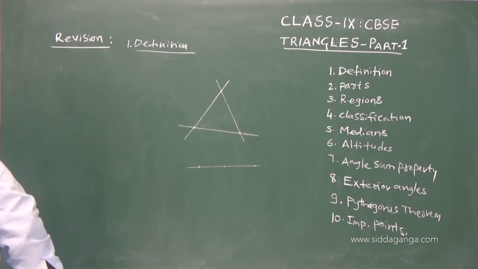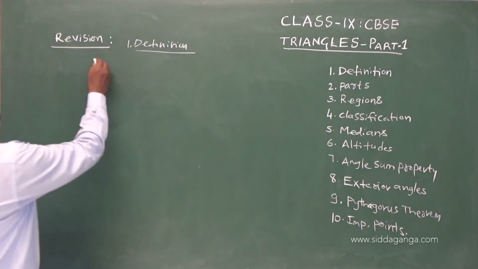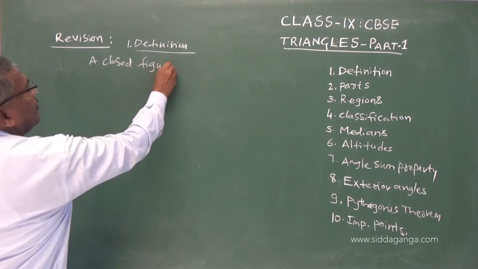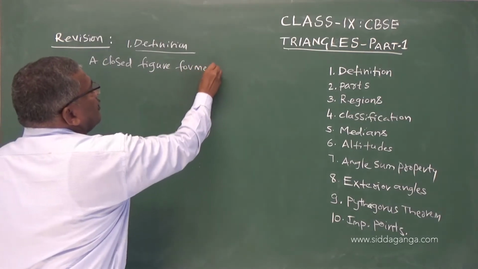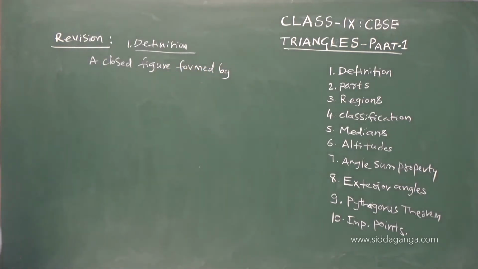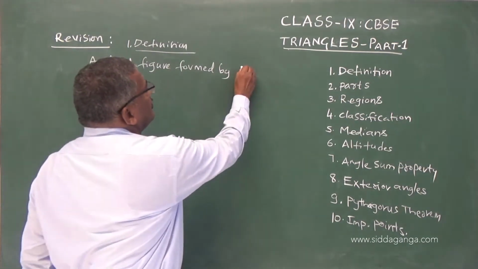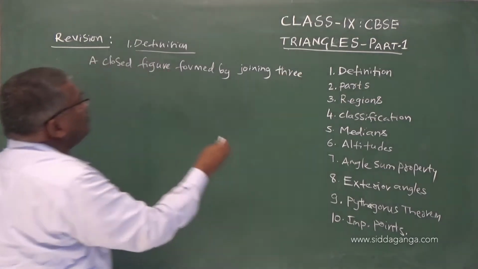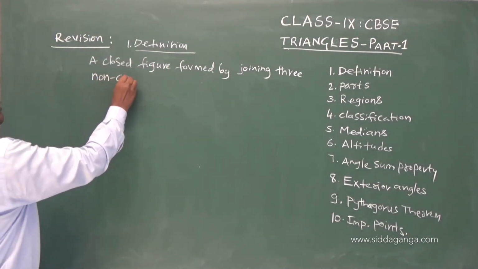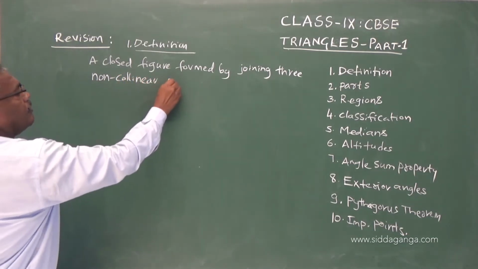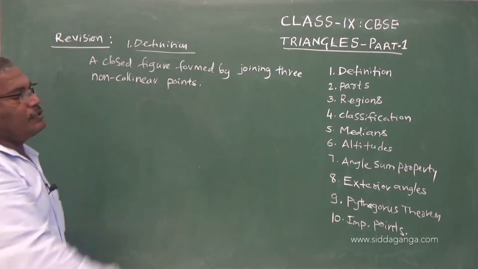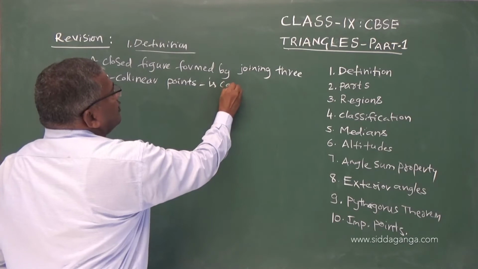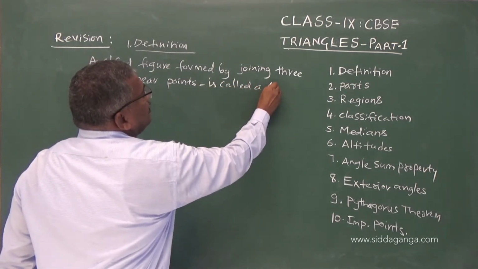A closed figure formed by joining 3 non-collinear points is called a triangle.